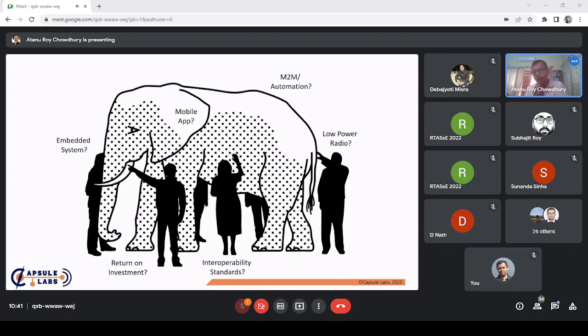So we tend to look at IoT from where our backgrounds are. And that's not necessarily a bad thing. That's not at all a bad thing, because when we bring in our backgrounds, we bring in our areas of deep expertise and use that to probe a new aspect of IoT, right?